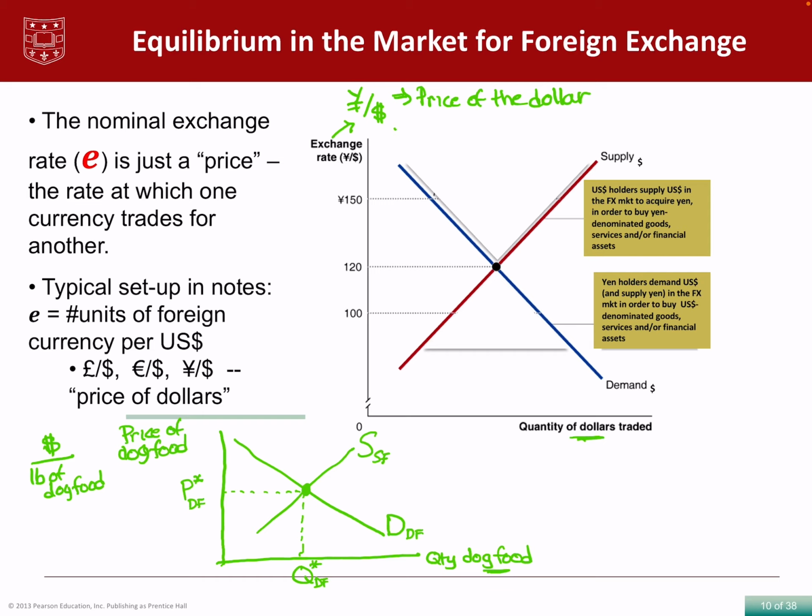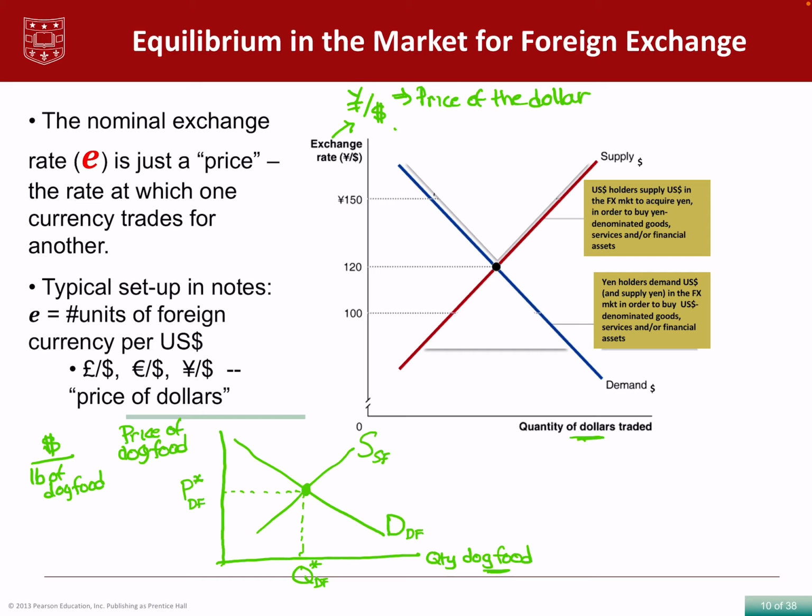In the textbook, the authors do not use a notation for the nominal exchange rate. Just to save me a little bit of typing, I'll try to write it out, and use this notation of a lowercase e only when it's very obvious what I'm doing.